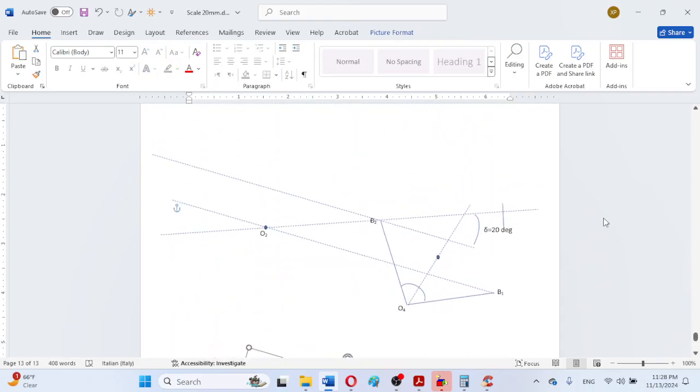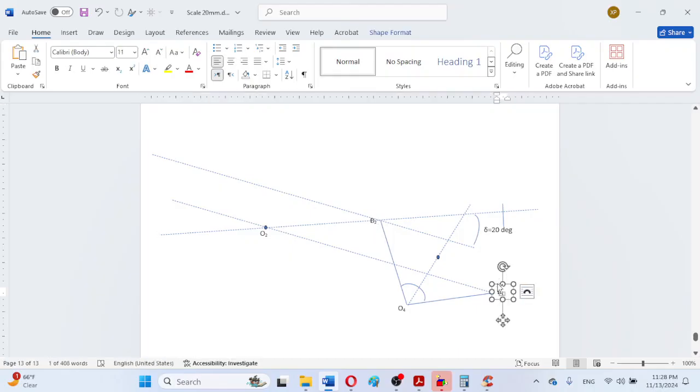Like this. I can copy, for example, this label and then paste it here, that this is B1 dash.